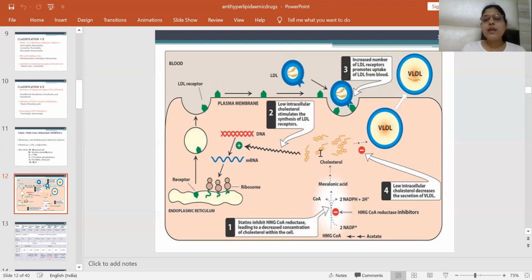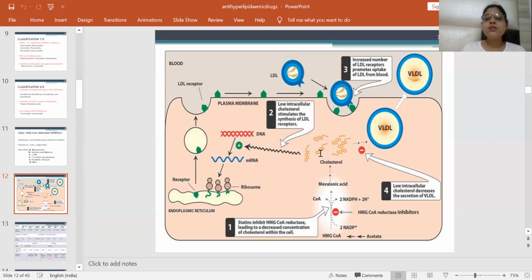This is how the step of cholesterol synthesis takes place. The HMG-CoA gets converted to mevalonic acid by the enzyme HMG-CoA reductase. And the HMG-CoA reductase inhibitor will inhibit this step, and thus no mevalonic acid and cholesterol will be formed. So there is decreased concentration of cholesterol in the cells.